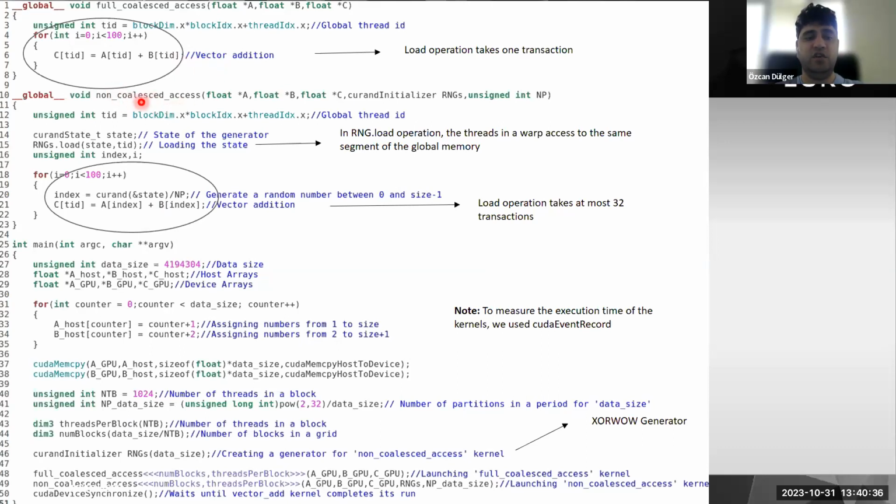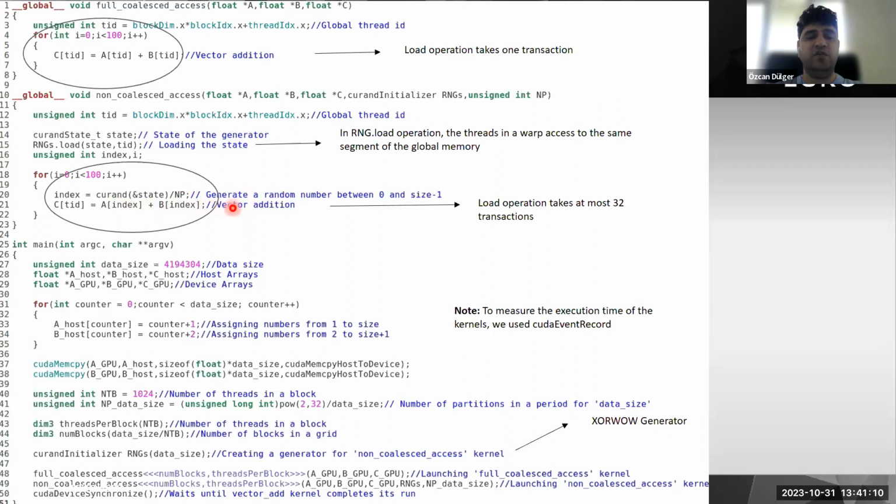In the second CUDA kernel, we use a random generator inside the for loop. So for each thread, we obtain a random index value, and the threads in the warp try to access this random location on the global memory. So the threads in the warps may access different segments of the global memory.